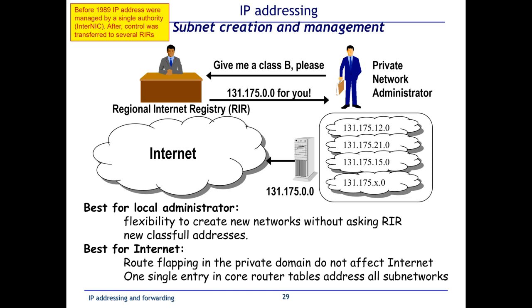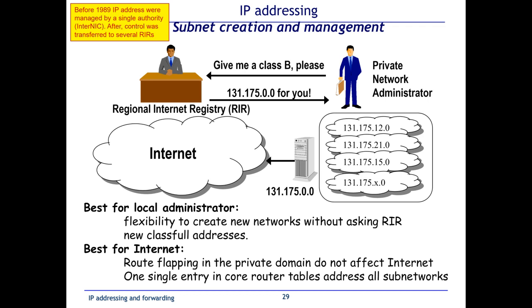And this is called ICANN, and this is subdivided into different regional entities. Each time the administrator of a network wants to receive a block of addresses that corresponds to an ID, the administrator has to query the regional internet registry, which is the part of this system that is responsible for a specific zone, a specific regional area.